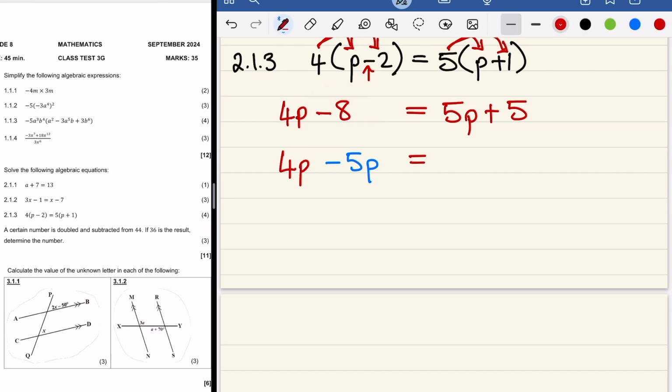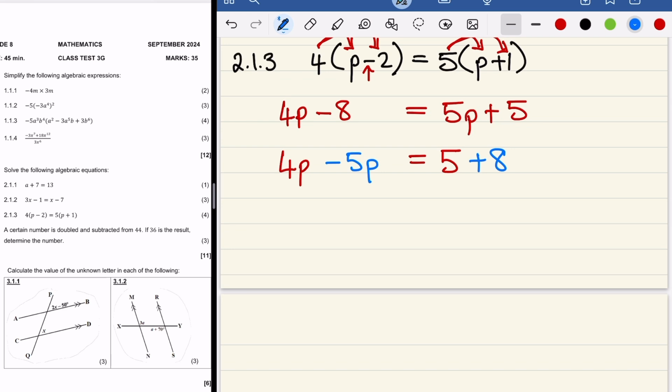I've got the 5. Remember the 5p is now already moved away, but 5 stayed. 5 is in the right place. But if I'm going to move the -8, remember this 8 is negative, I'm going to move it to the right and it will be plus 8.